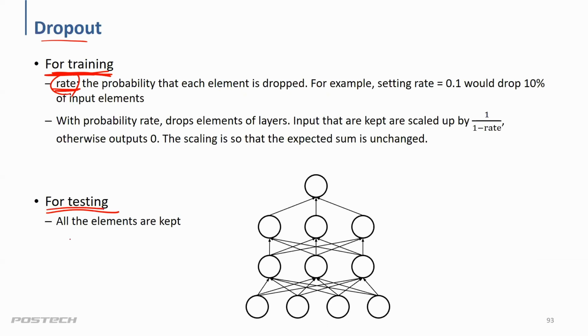For the testing, you have to keep all the elements and neurons, because you're doing the ensemble of them. So that's something you have to remember. For training, some of them are going to be dropped. And for testing, you keep all of the elements.